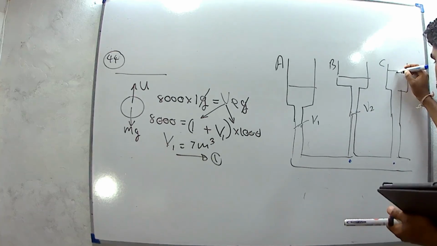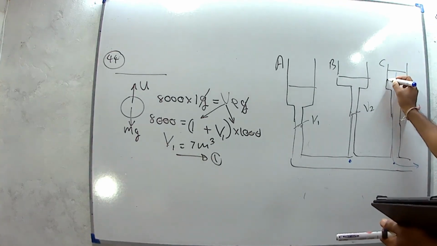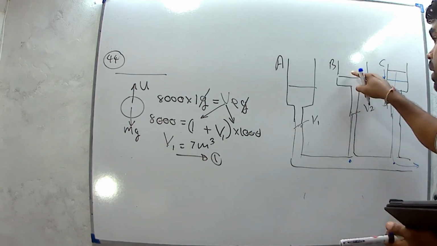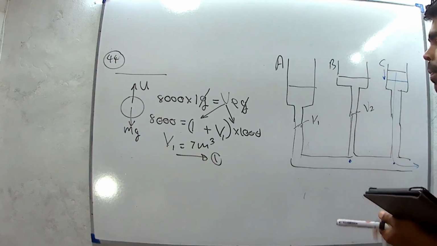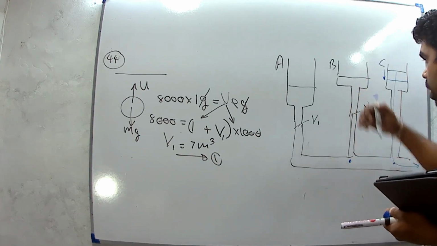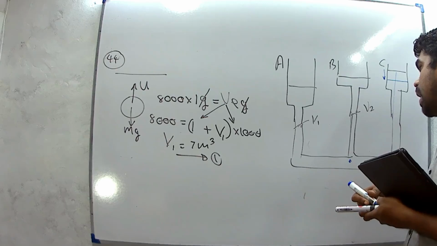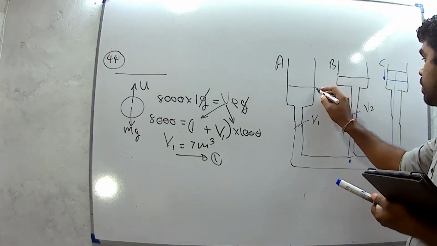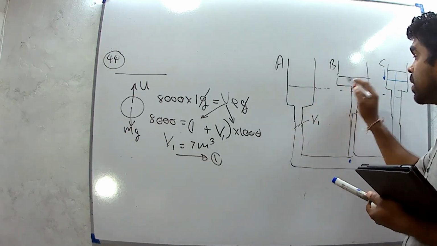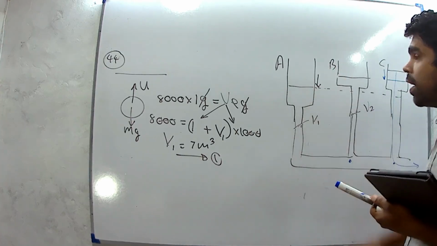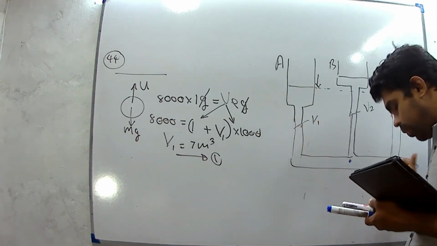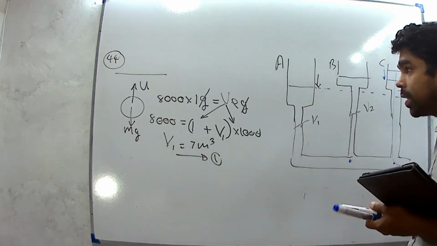But due to this flow, when this height decreases to this level, B can also start to give out water, and then the water level of all three tanks becomes this level, and then A starts to give water to the outlet.